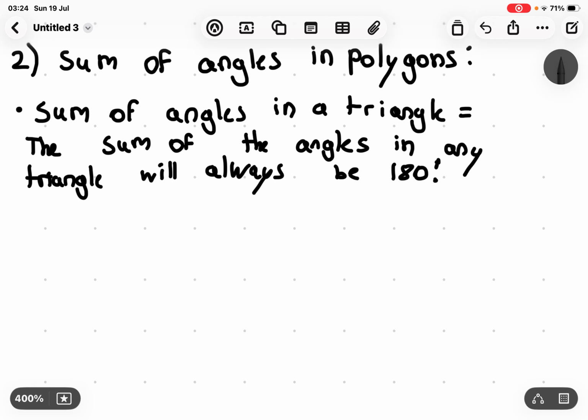And for example, over there we saw there was a triangle. The sum of angles in a triangle will always be 180. So just know that.